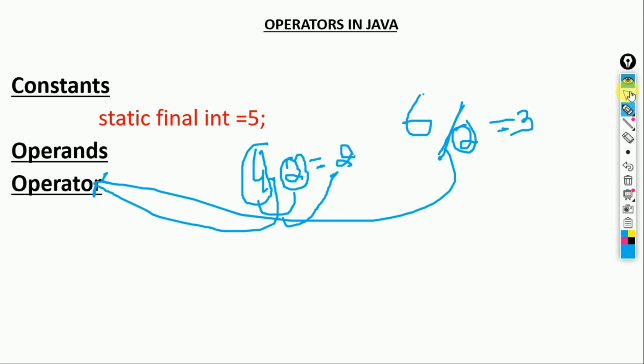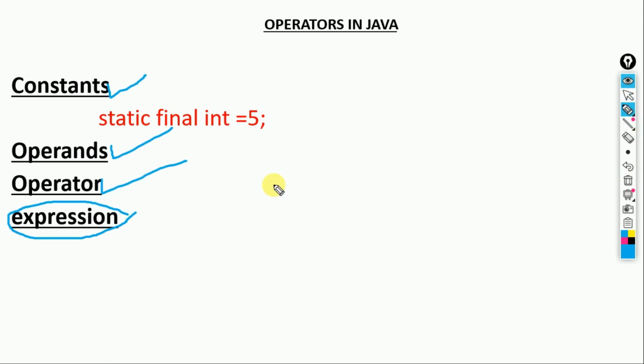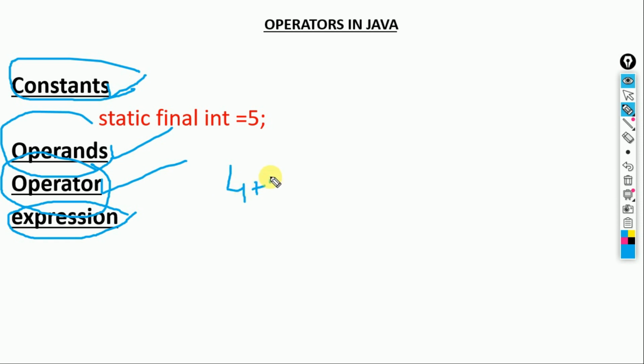Let's move towards our next term, and we will look at one more important term used in Java programming, that is an expression. What actually is an expression? An expression combines constant terms, operands and operators. For example, I could write 4 plus 2 divided by 1 multiplied by 6.